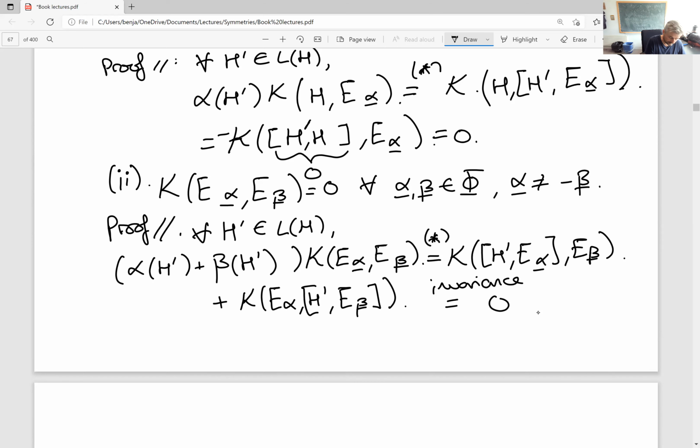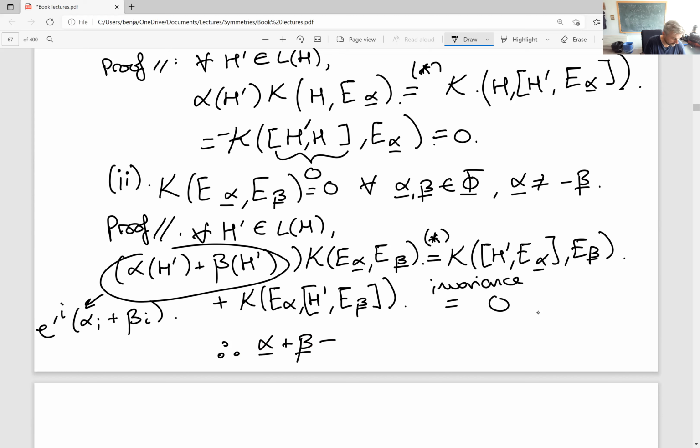So this thing is just E prime I times alpha I plus beta I. If alpha I plus beta I are all non-zero, or some of them are non-zero, then we must have that the thing that multiplies it is equal to 0.